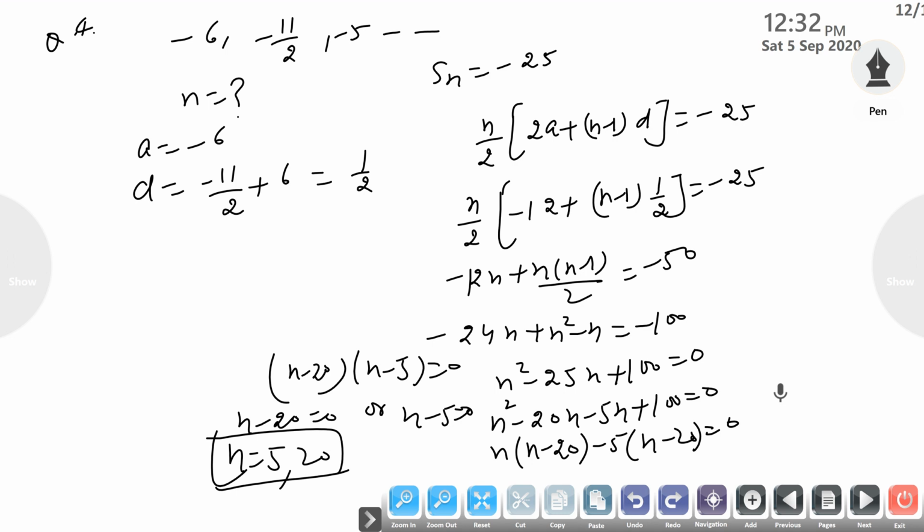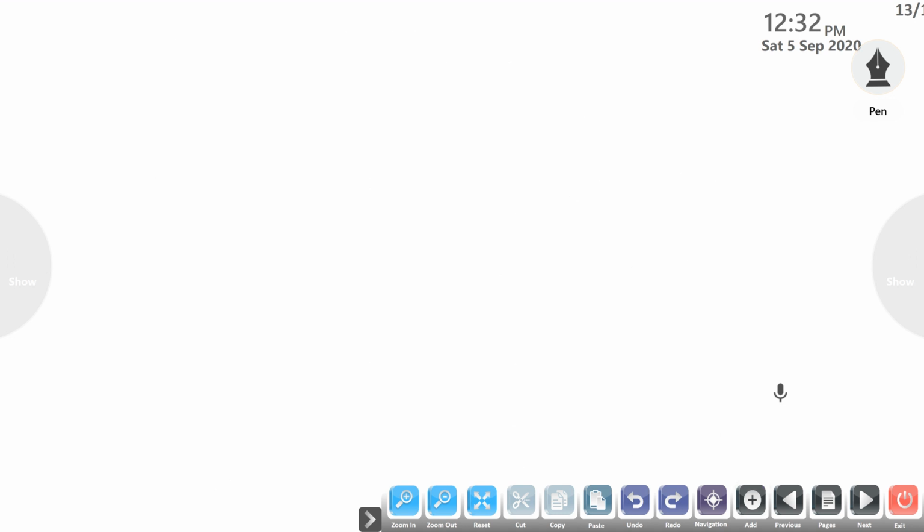So next question is 5. See the question. In an AP, if the pth term is 1 by q, we have given the pth term. The pth term is 1 by q and the qth term is 1 by p.